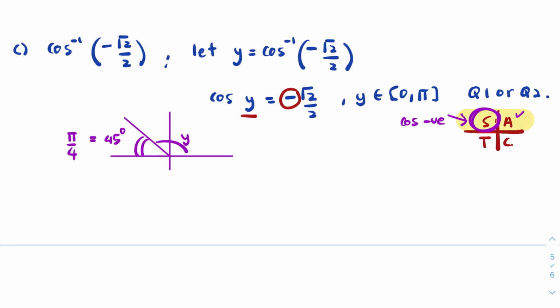Okay, now you want your answer in terms of y. So the angle y, or your exact value of y, is equivalent to, because it falls in quadrant 2, you have to subtract from pi. So pi minus pi over 4, which you calculate, you will get 3 pi over 4 as your final answer. Alright.